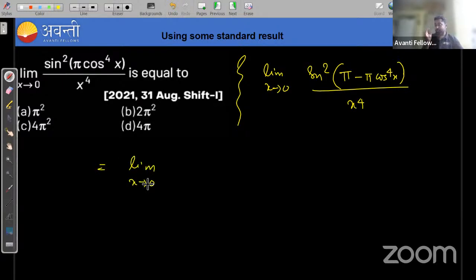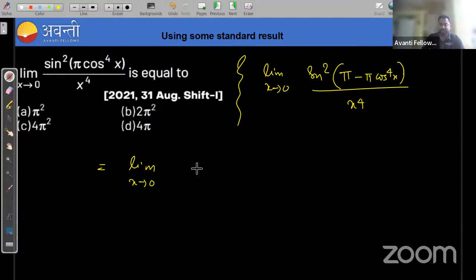Previously I told you, we'll solve the questions by using the standard results, right? So just to use the standard results, what will we do? Sir, is that 4 pi square? Yeah, very good, Ganesh. Answer is 4 pi square. Good, that's nice.